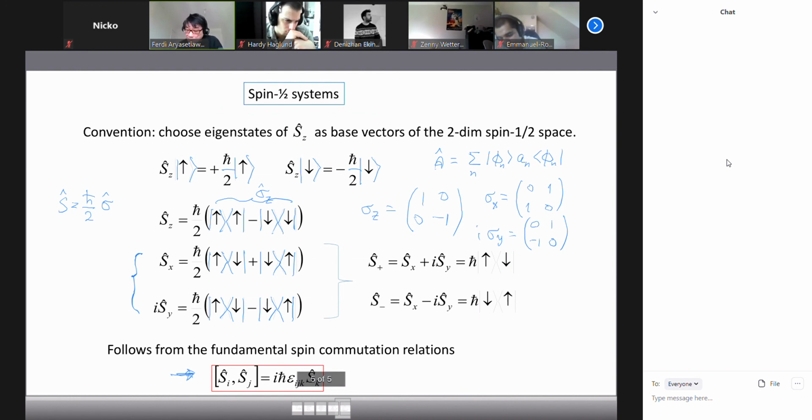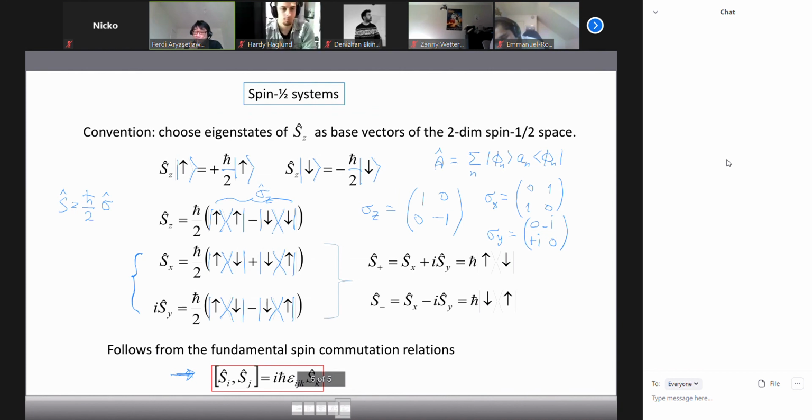Or maybe we can just get rid of the i here and put it in the matrix, so that would be minus i, and this is plus i I think. Yeah, it should be plus i, like that. So these are the Pauli matrices.